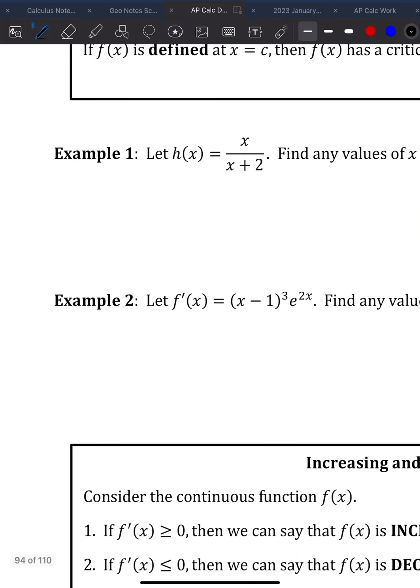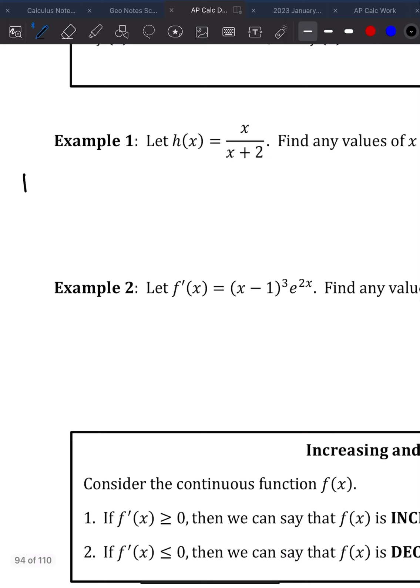So we're going to take the derivative of h of x. The derivative of x is 1 times x plus 2 minus the derivative of x plus 2 times x, all divided by x plus 2 squared.